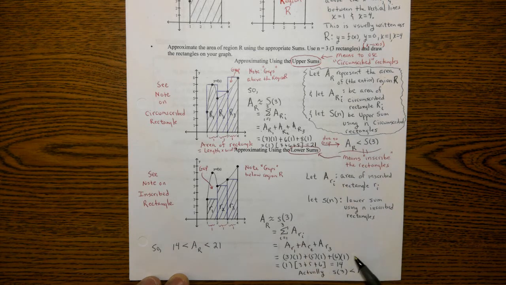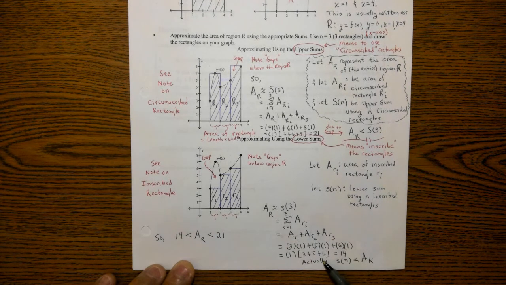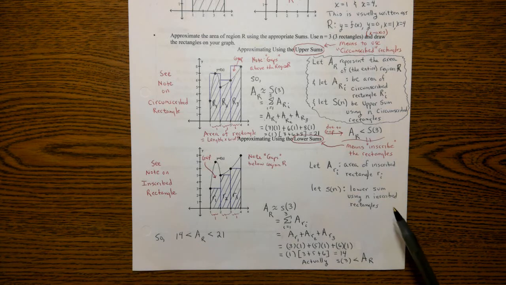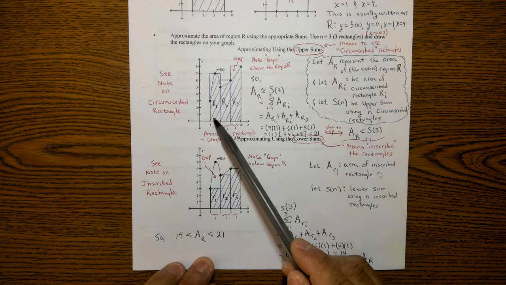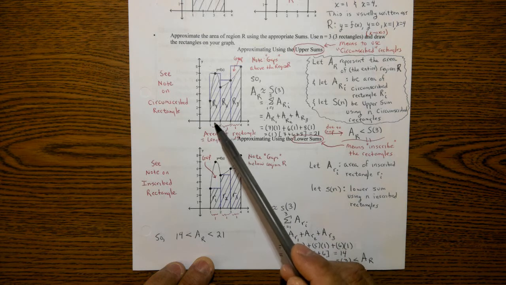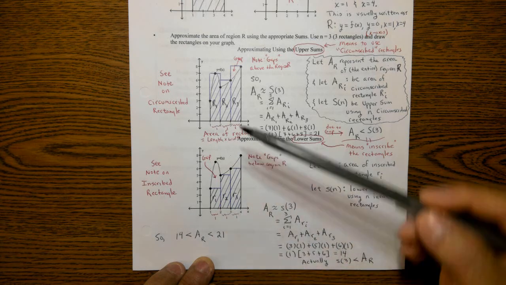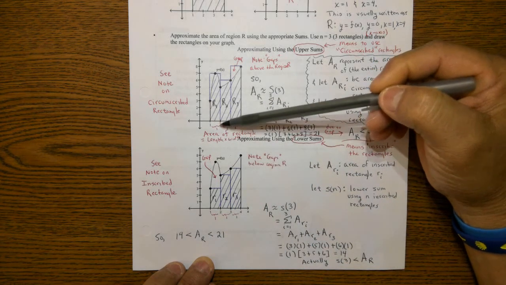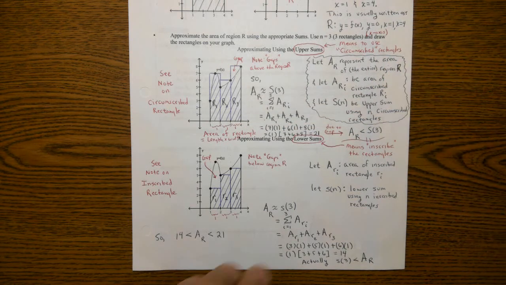The lower sum using 3 rectangles ended up being 14. So we ended up with this double inequality, that the actual area of the region is between 14 and 21. So you can see that if I use 3 rectangles, I have a width of 1. So if I want to go to 6, probably what I have to do is cut each one of these in half.